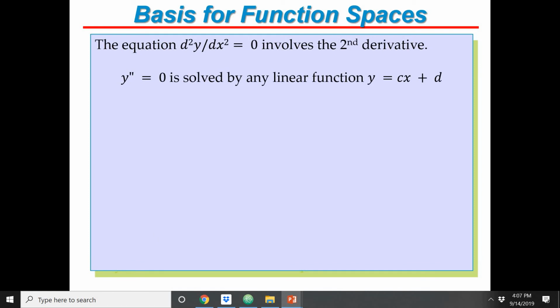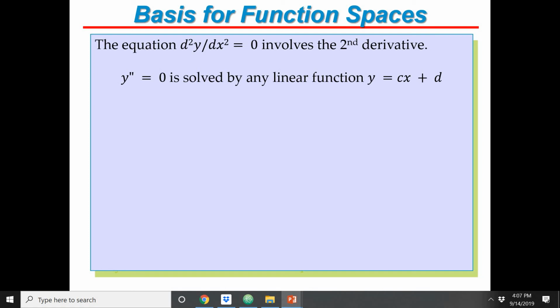In talking about differential equations and the basis, let me say something about the null space of differential equations to see if there is any analogy with what we learned in this linear algebra lecture. I am taking a differential equation which is homogeneous, y double prime equal to 0.